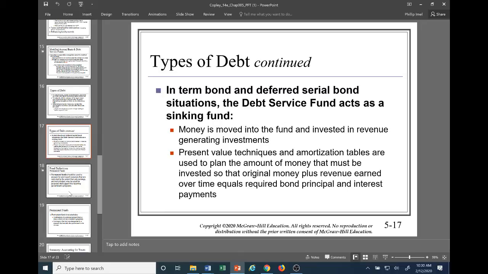So we need to see, okay, we put this original money in, it's produced this, and we're amortizing this. That's how the principal and interest works on the payments over the life of the bond. And that's how we see how much we need to put in to be able to service that debt. So that's why it's acting as a sinking fund, because you're putting money in it, even though nothing's due, investing it and playing with your investments to see where we are financially on making a payment. Long and short, that's the gist of it.